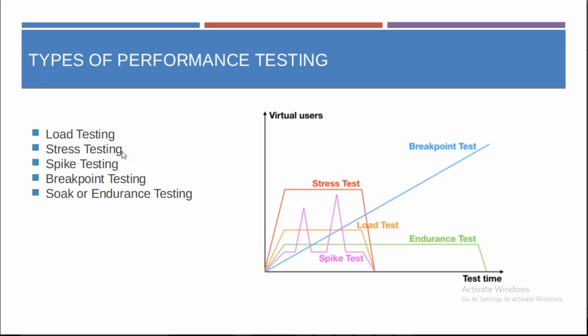So what does that imply? If I have 100 users for the load test, I'll do the stress test with how many users? If I am doing the load test with 100 users, and for stress test I'm expecting a 200% increase after 5 years, what should be the volume for stress testing?